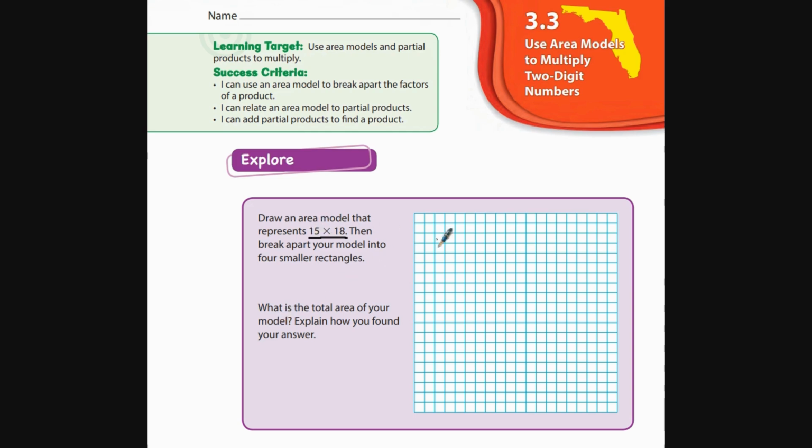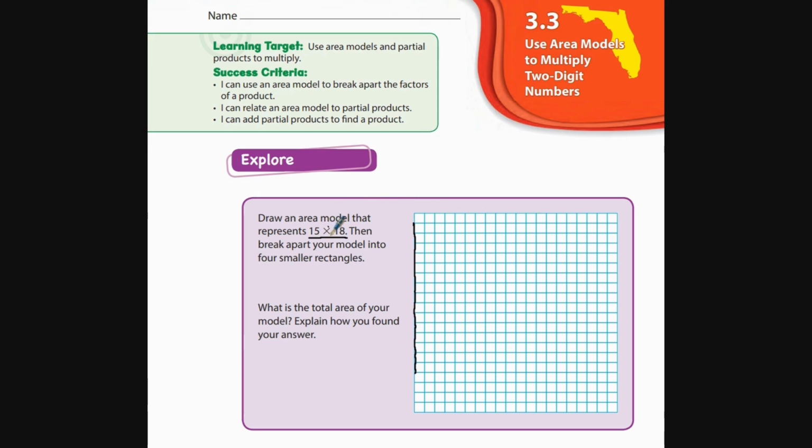I'm going to take 15, right? And I'm going to count from here all the way down. I'm going to count 15 little unit squares, right? So here we go. 1, 2, 3, 4, 5, 6, 7, 8, 9, 10, 11, 12, 13, 14, 15.